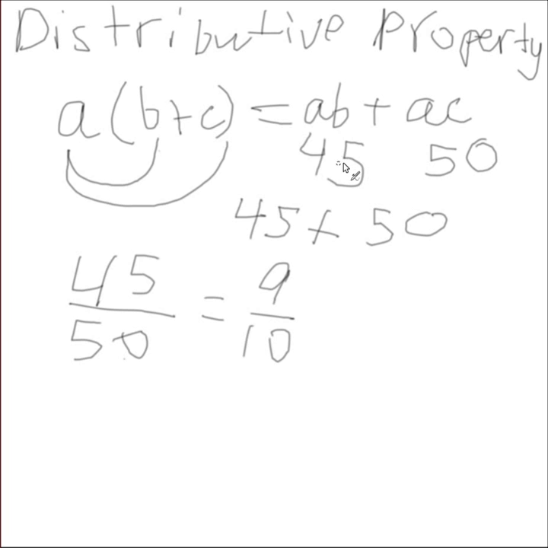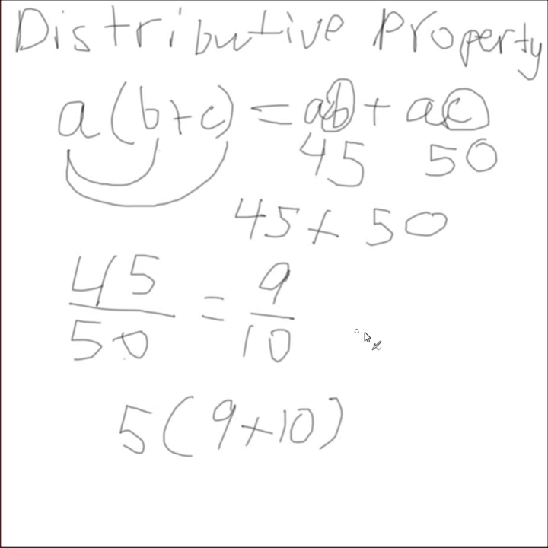There's a common factor of 5 between 45 and 50, so we can write 5 outside and then 9 plus 10 inside. And this works. So basically what we're doing, the b is 9, c is 10.